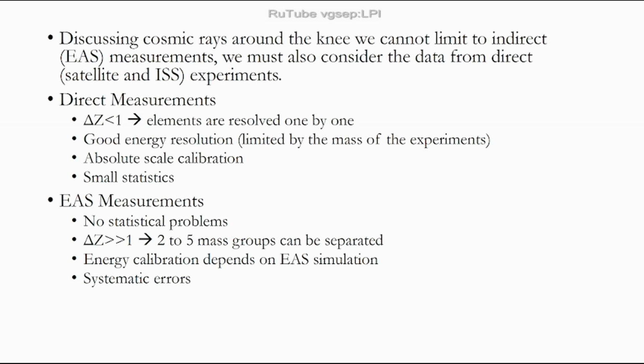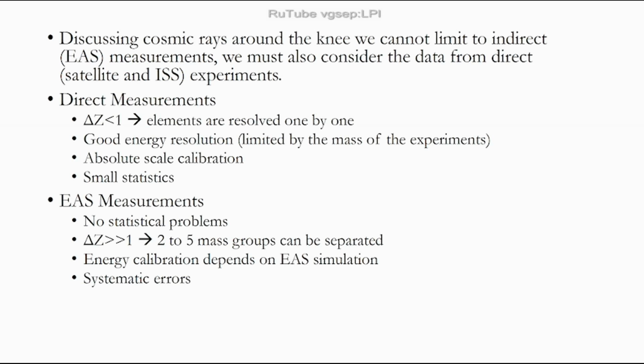So when we extrapolate the measurement and reach higher energies, up to 100 TeV with direct experiments, we have a problem of absolute energy scale calibration. So we must always remember that even with direct experiments, there is a limit in the energy resolution due to the mass of the calorimeters and the energy we can contain inside them, and there is a problem of the energy scale calibration.